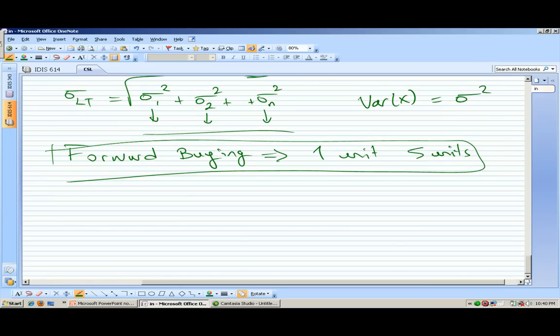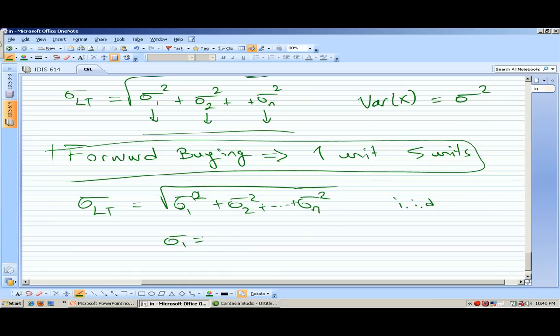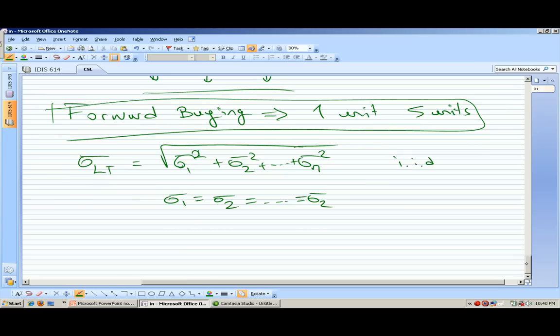What you need to know is basically this one. I'm just writing again: the variance is the sum of sigma 1 squared up to sigma n squared. When I assume demand is independent and identically distributed, that means sigma 1 is equal to sigma 2 equal to sigma n, which is very nice.